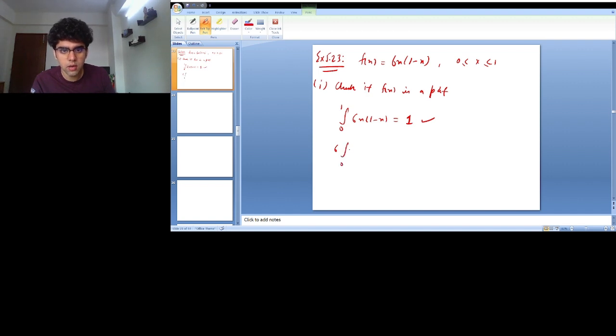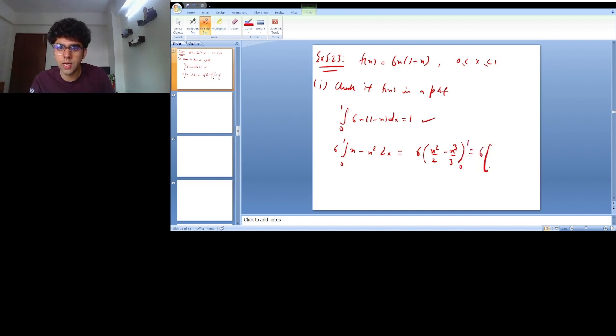So we can take out 6 because it's a constant. We'll be left with x minus x square, dx. The integral of this will give me x square by 2 minus x cube by 3 from 0 to 1.